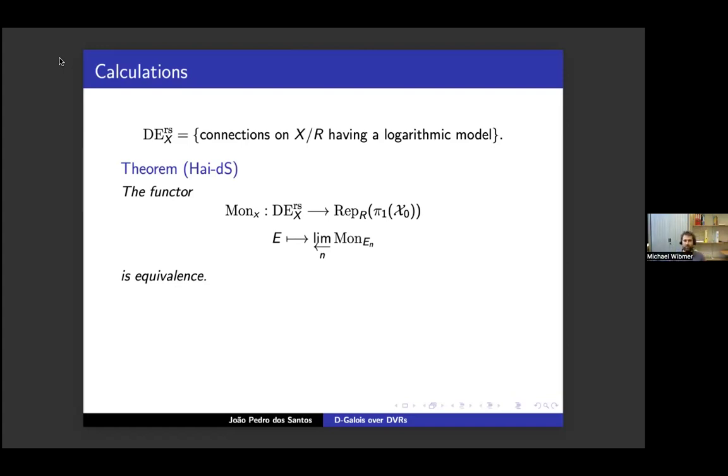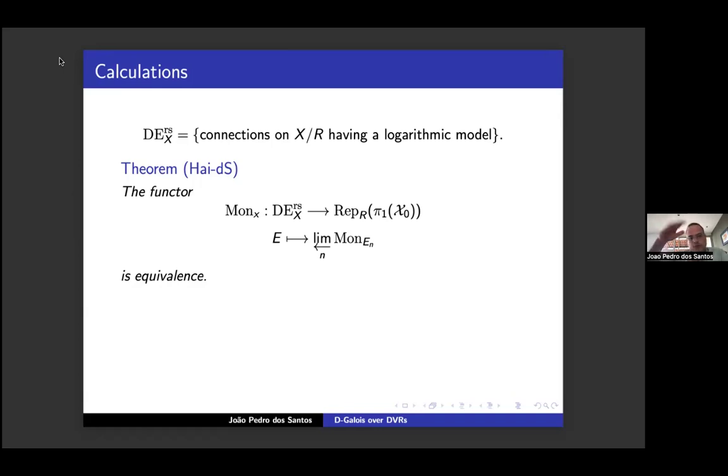I mean, it's really analytic, it probably doesn't even make sense to ask if there is a purely algebraic version of this theorem somehow. Yeah, you could imagine that.